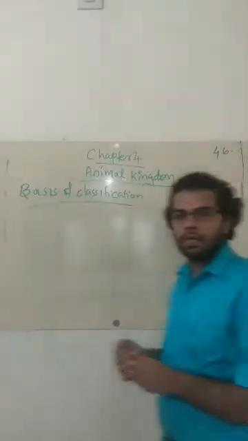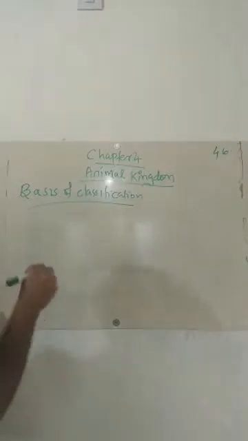So what all are we using for that? We are using these things as the basis of animal classification, and they are: first, the arrangement of cells.